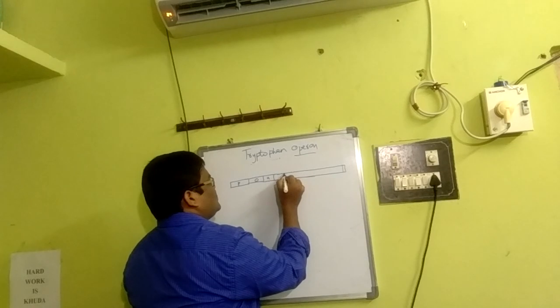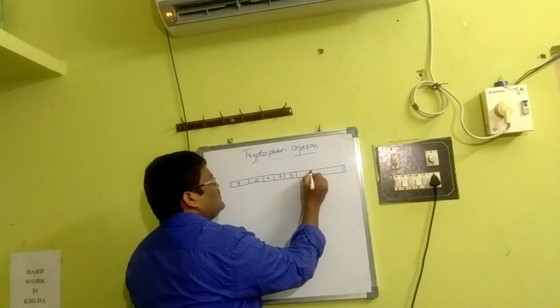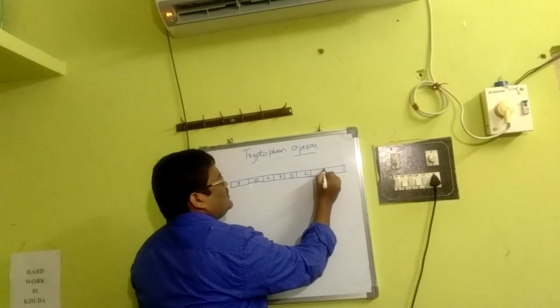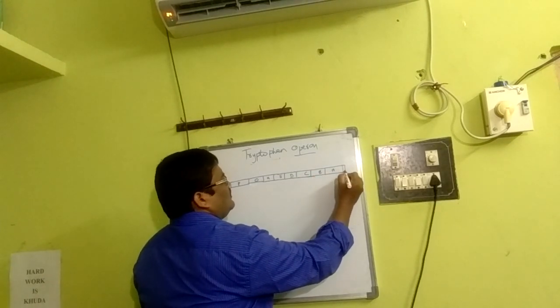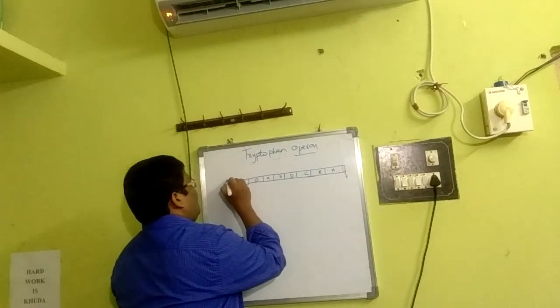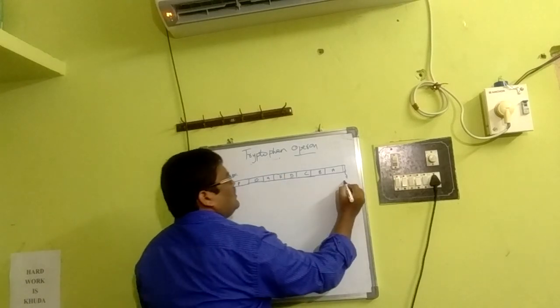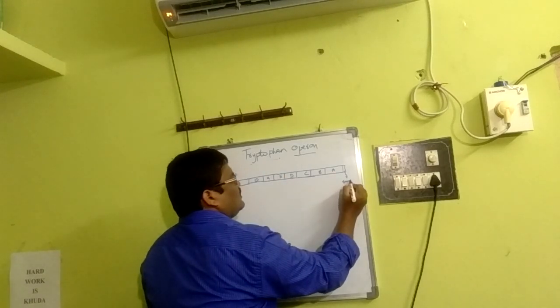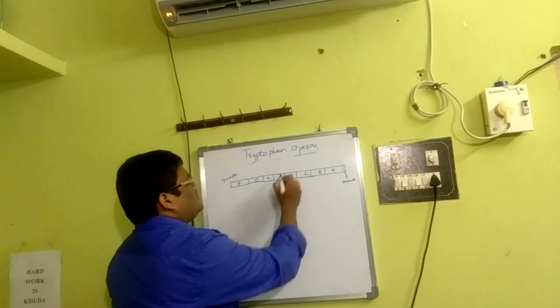Then the structural genes come: E, this is D, this is C, this is B, this is A, and this is the terminator, T. That means this is the promoter, this is the terminator, and these are the structural genes.